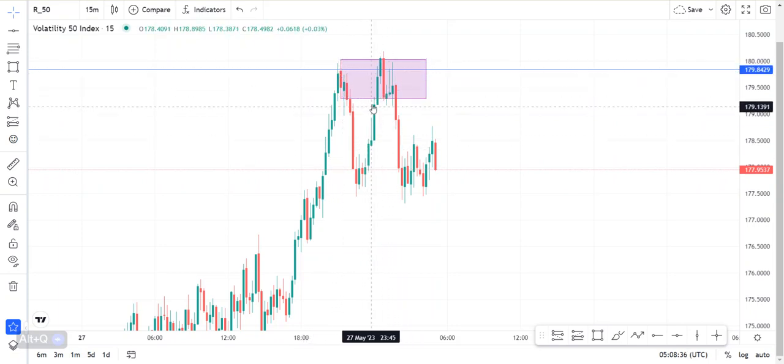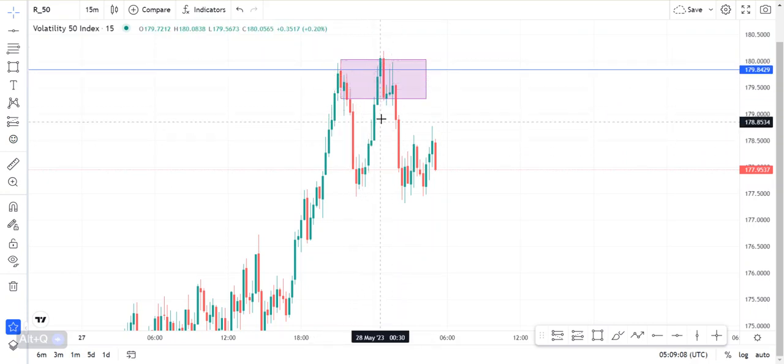So probably you entered somewhere around here, on this leg. Or if you are risk averse, you would have allowed the market to show a proper rejection. If you had taken the trade here, I don't know why somebody should take a trade, because there has not been a signal here.